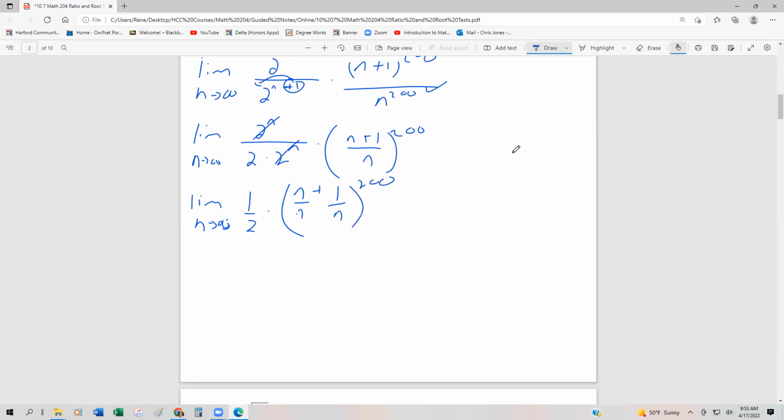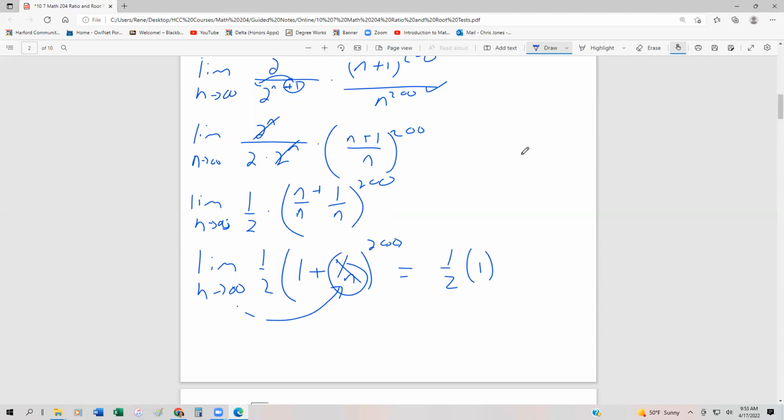So that's going to be n over n plus 1 over n to the 200th, or the limit as n approaches infinity of 1/2 times 1 plus 1 over n to the 200th power. And our limit laws say that we can just go ahead and make that 1 over n go to 0. So we really just get 1/2 times 1 to the 200th, which is 1/2, which is equal to L. And clearly, 1/2 is less than 1.